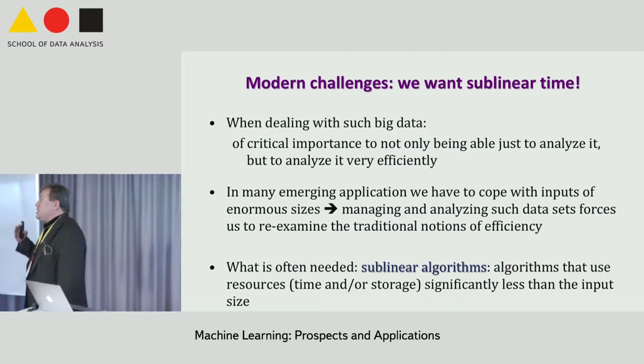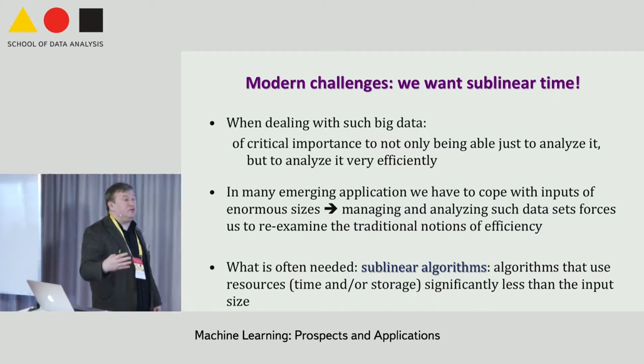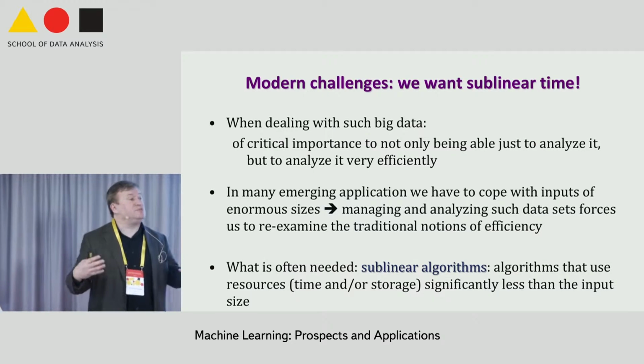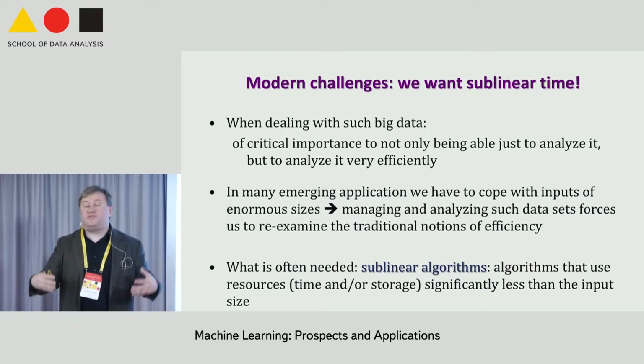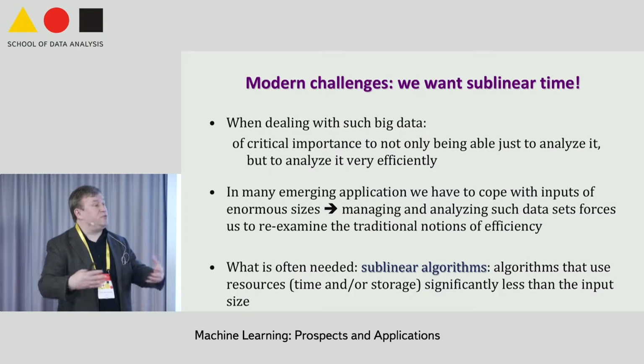In short, it means we want to study problems, analyzing data, in sublinear time or sublinear space, sublinear with respect to the input size. So if our input is a graph with 10 to the 15 nodes, we would like to say something about this graph faster than by processing all the nodes and all the links in the network.